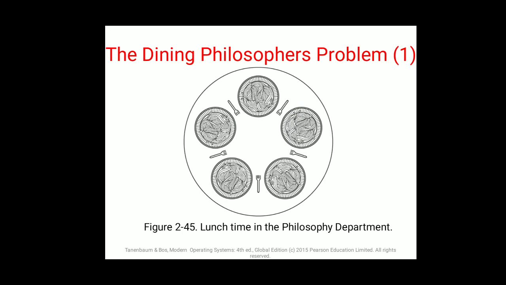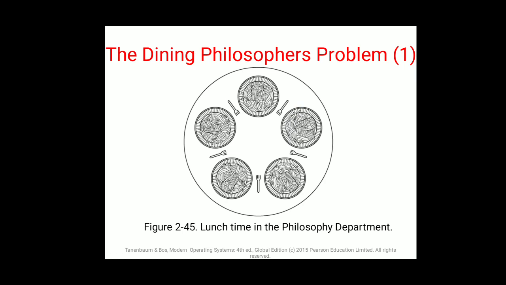So, the solution here using semaphores is as follows. Semaphores is one technique or algorithm which is used to solve the dining philosopher problem. Again, each philosopher first picks up the fork on the left side and then the fork on the right side.